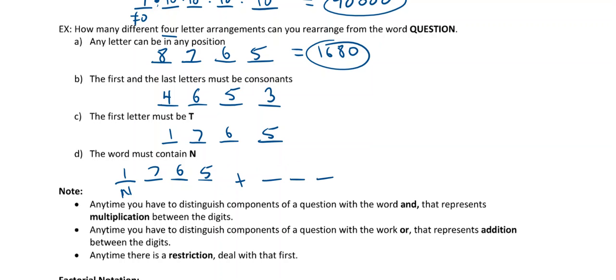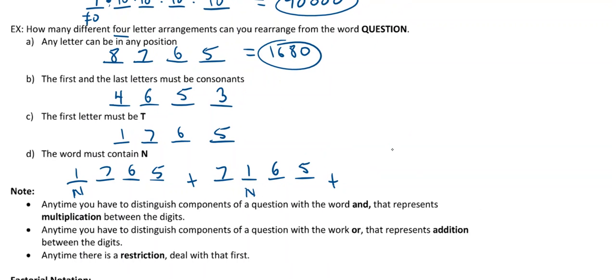So we'll have our blanks again. But this time N's going to go here. So there's 1 way for that to happen. And then you'd have 7, 6, 5. And then in the third spot, well, the same thing, right? You're probably seeing where I'm going here. N has to be in the third spot. So then there'd be 7, 6, 5.